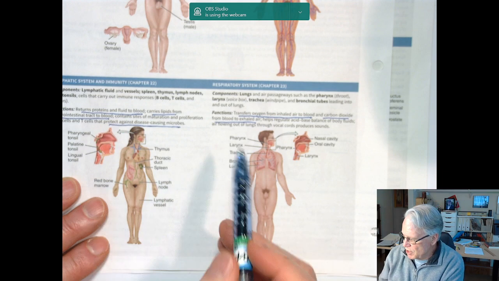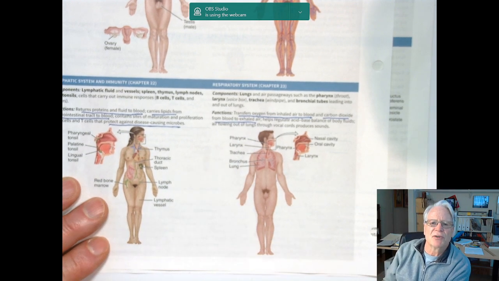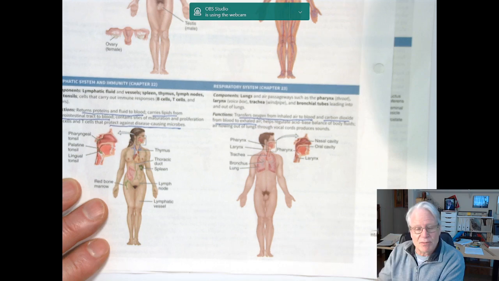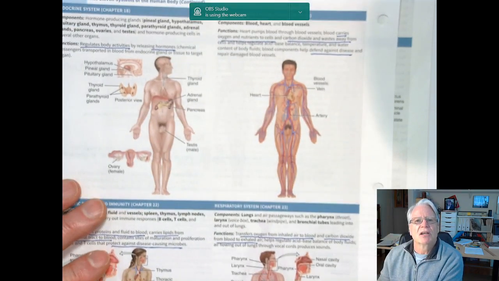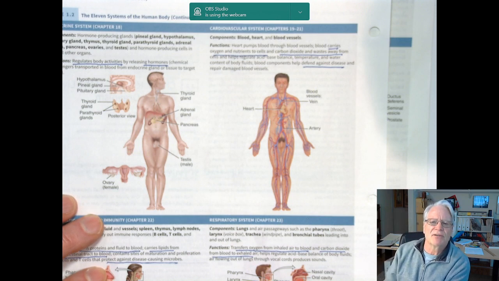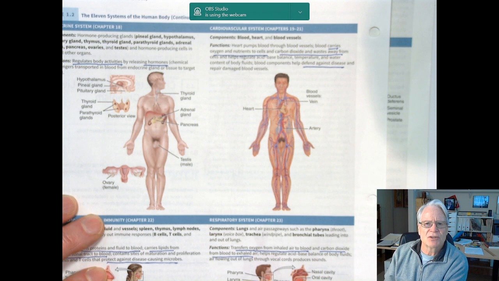The next system is the respiratory system, and this system is involved in transferring oxygen to the blood and removing carbon dioxide from the blood. Now, this system is not the same thing as the cardiovascular system, which most of you can grasp, I'm pretty sure. However, there is often confusion in students' minds as to what the functions of these two systems are.